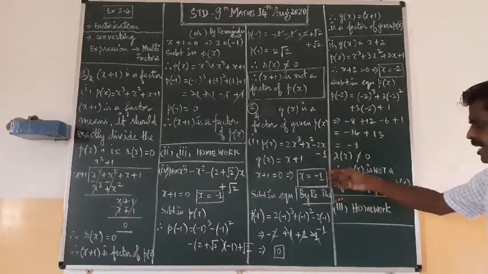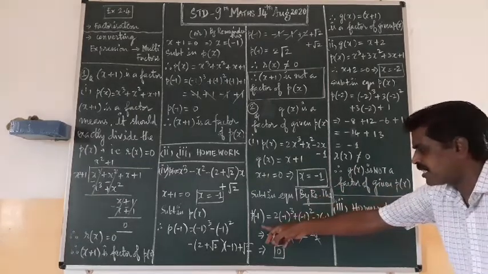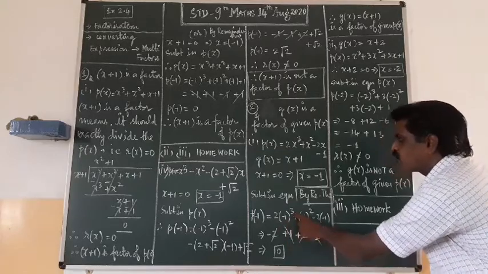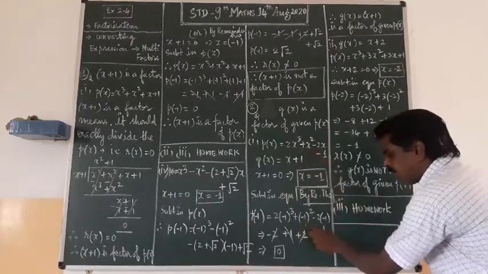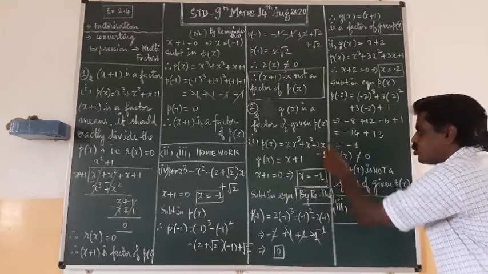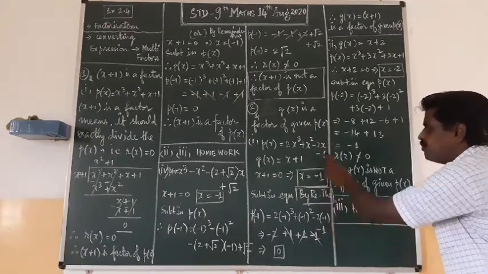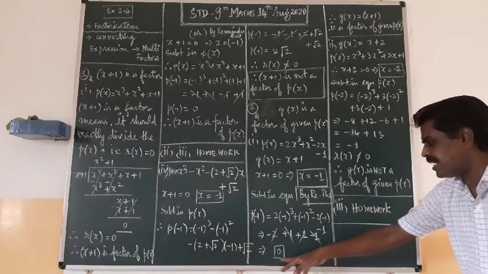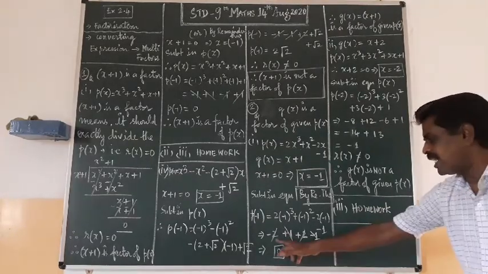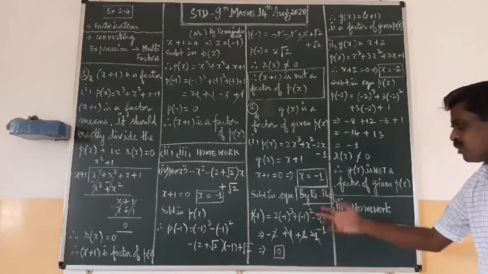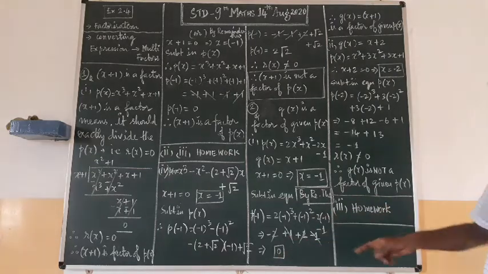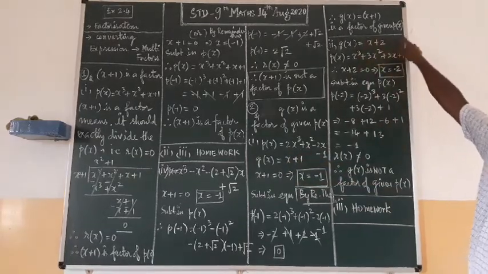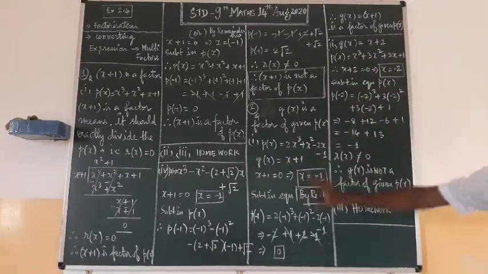Equating, I get minus 1 by the remainder theorem, and I substitute in p of minus 1. So 2 into minus 1 cubed, plus x square, minus 1 raised to 2, minus 2 into minus 1, minus 1, minus 1. Now I am simplifying, and I am getting exactly 0. Minus 2 plus 2 plus 1 minus 1 all get cancelled, 0. That means the given g of x, x plus 1, is a factor of the given polynomial. That is your first problem.